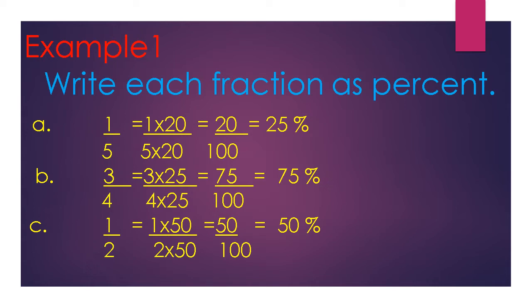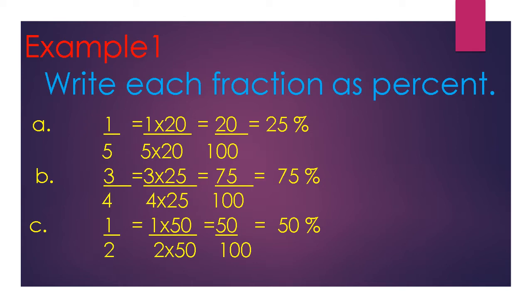Then 20 over 100 is equal to 20%. So 1/5 becomes 20 over 100, then change to percent, it is 20%.